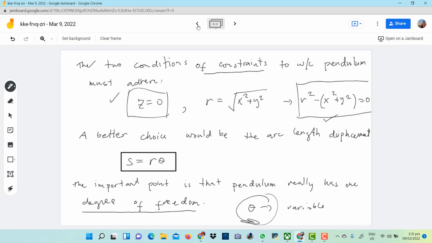Now, in terms of Cartesian coordinates, if I use Cartesian coordinates, the degree of freedom is still one, right? Why is it only one? Because if you look at this equation, the only thing that changes is actually the x. Or you can use x or you can use y. When you change x, y is fixed because the radius is fixed.